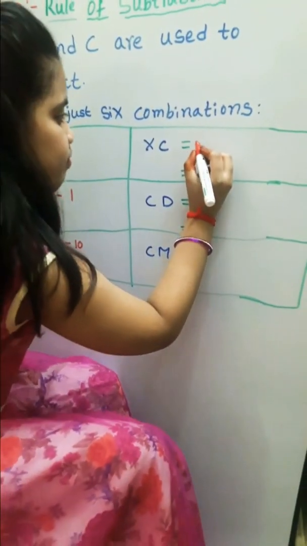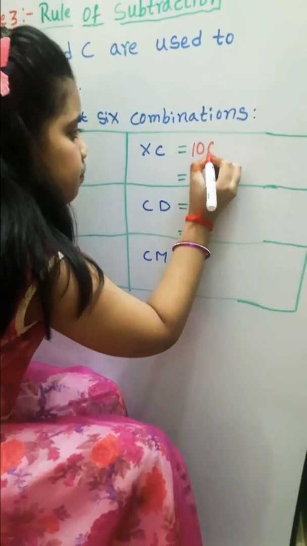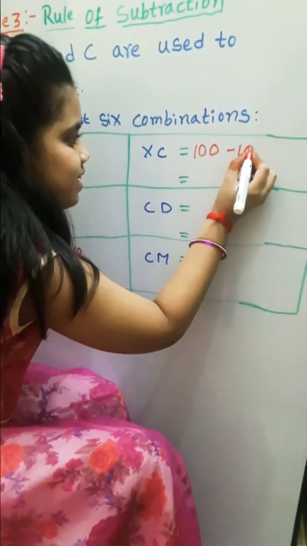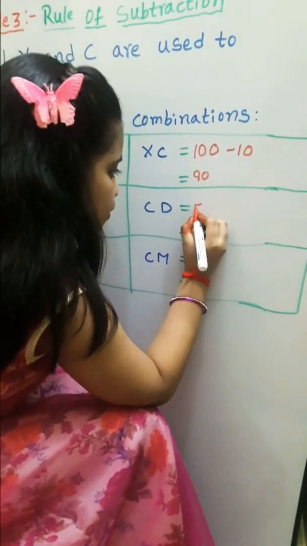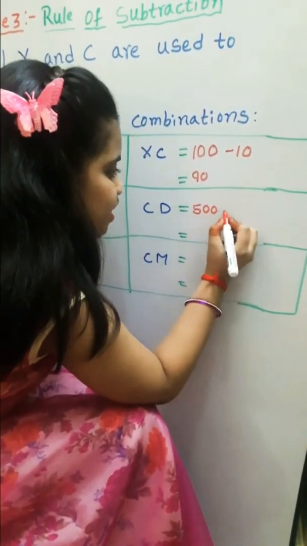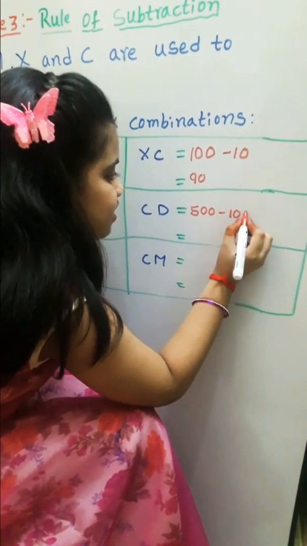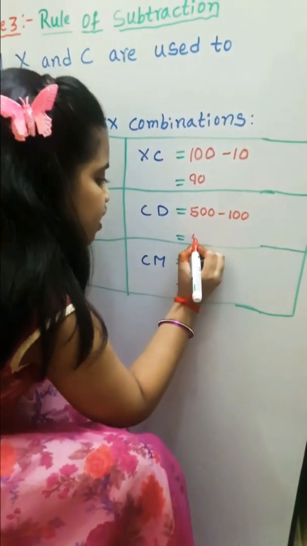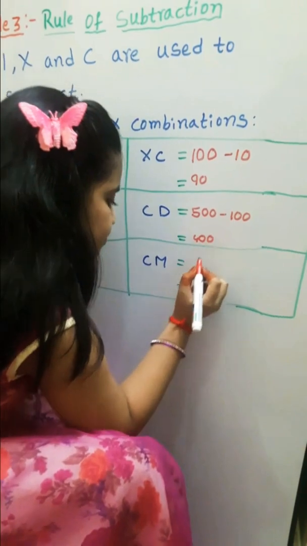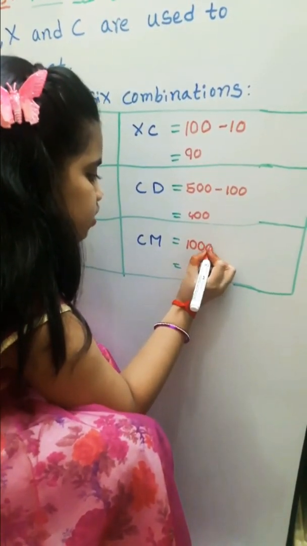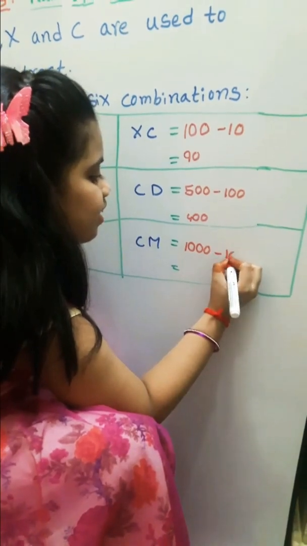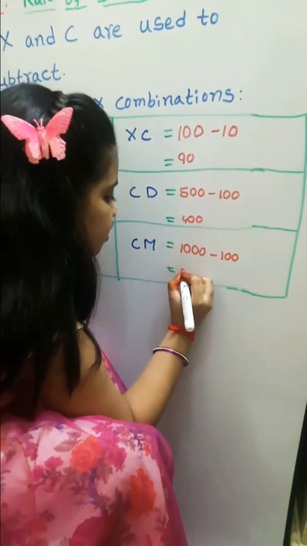XC, 100 minus 10 is equal to 90. CD, 500 minus 100 is equal to 400. CM, 1000 minus 100 is equal to 900.